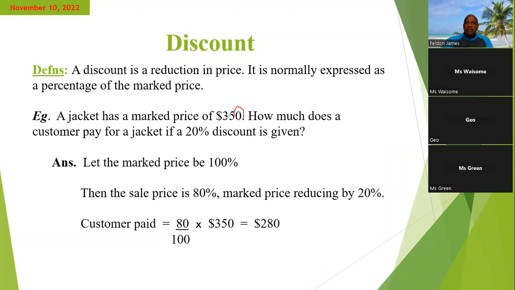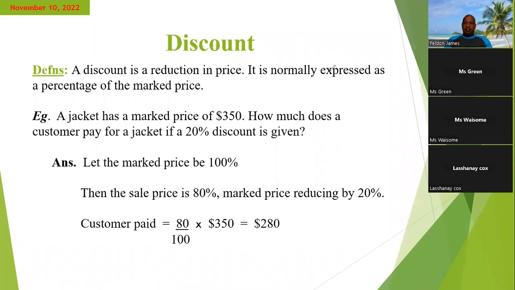So 10% is $35, and 20% is actually 2 times $35, which is $70. And so you could subtract $70 from 350 and you still get the 280. Is that clear, guys? Any questions? Have I lost you there?